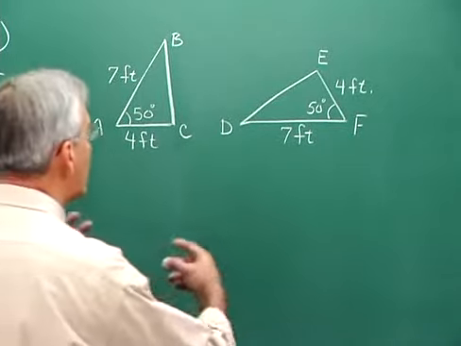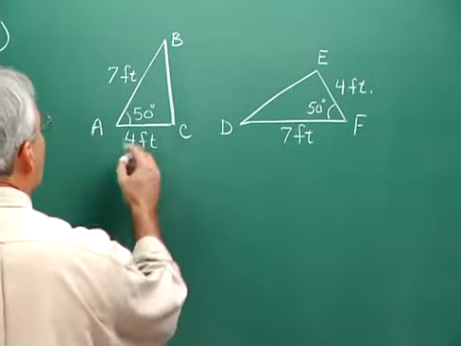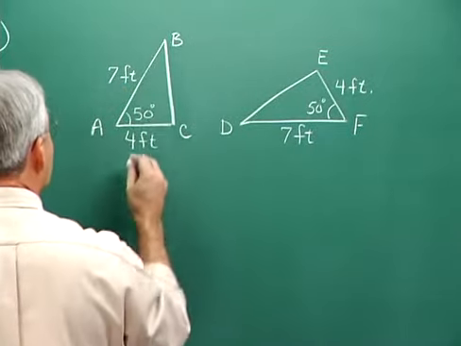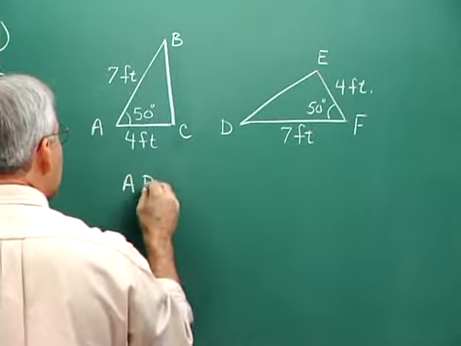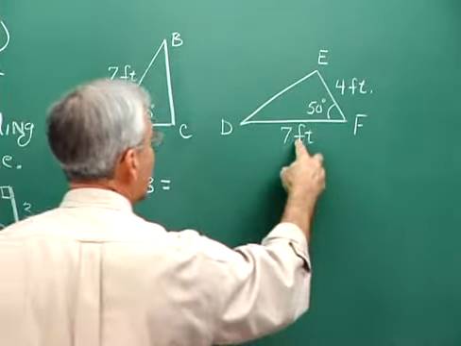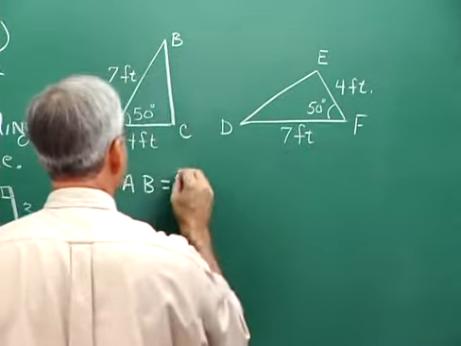And we would say it something like this. Let's see, AB is 7 feet. So it means that AB is equal to this 7-foot side over here, which is DF.